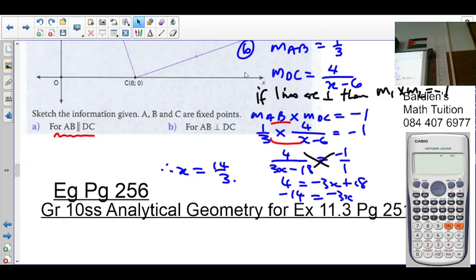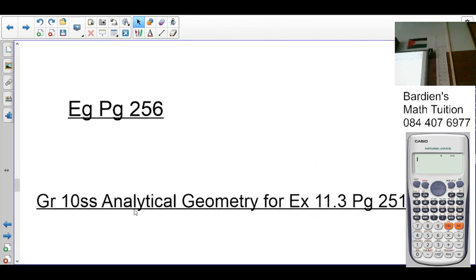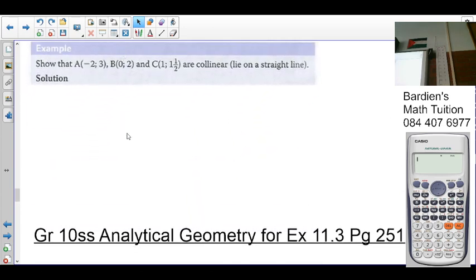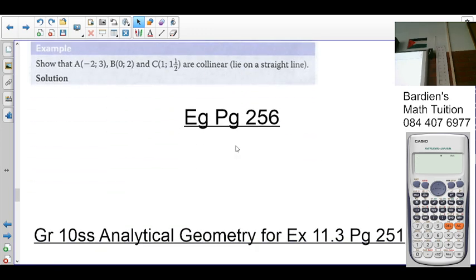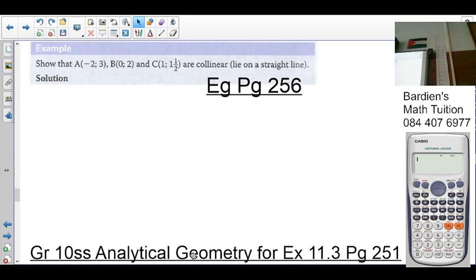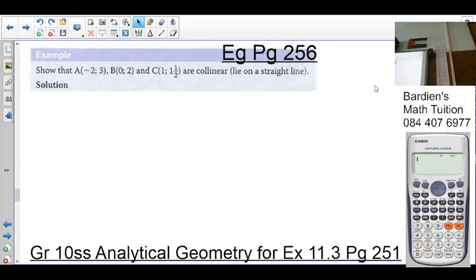Right. Last one. This example is on page 256. Okay. So here we are told to show that A, B, and C are collinear. What does collinear mean? Lies on the same straight line.